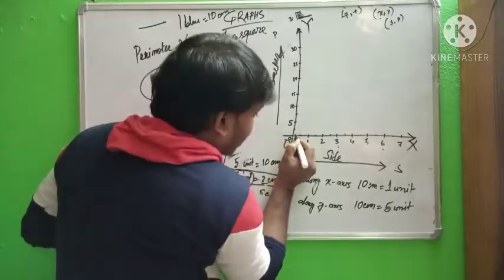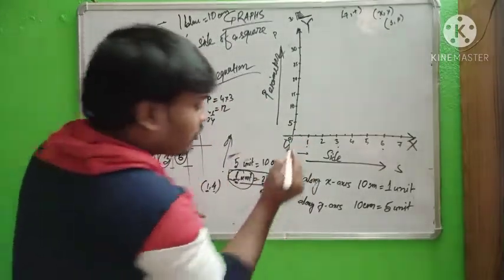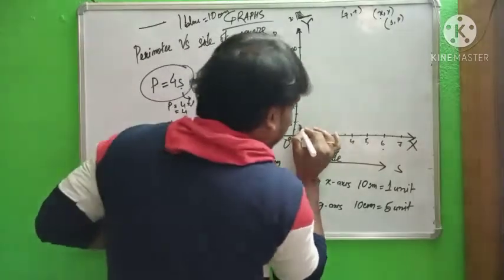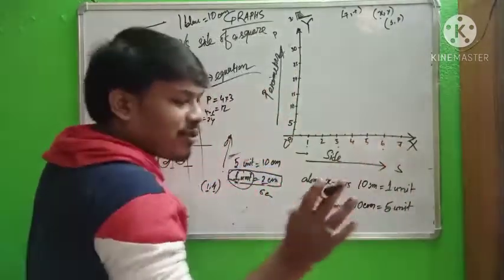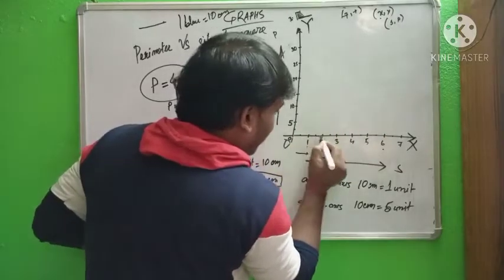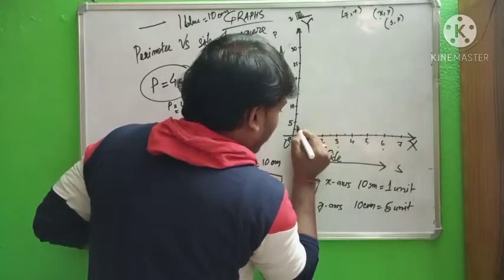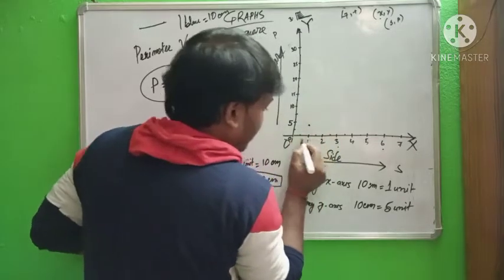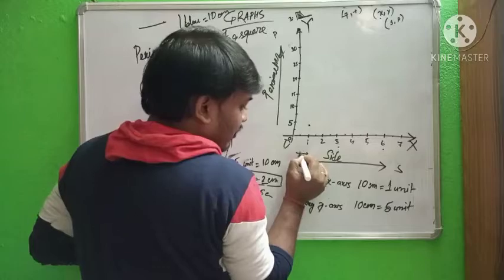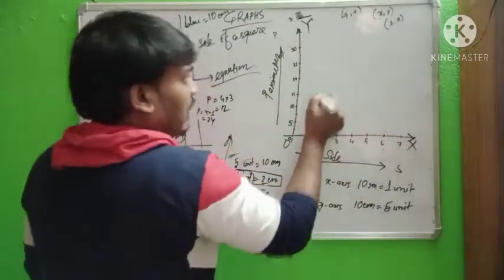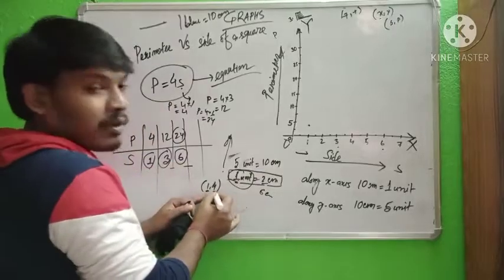Here there are so many small divisions, and in graph paper the lines are there, so there is no problem. So 1, up to this line. So here it is 1 comma 4. That means first we go along the x axis in the positive direction, then upwards since the value is positive.